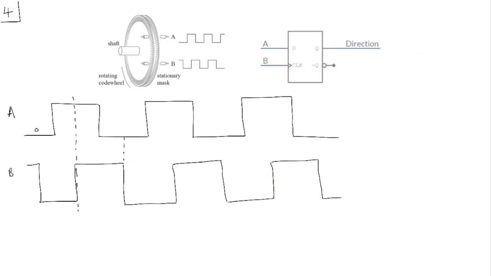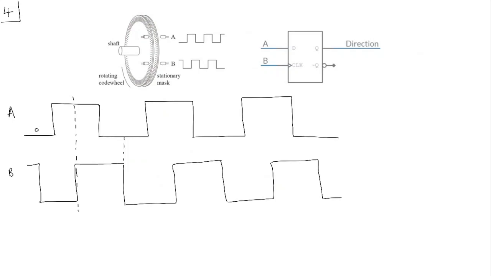So that's A and B, and the basic idea here is that there are two LEDs and two photodiodes. If the code wheel is rotating, at some point there are slots where the light passes through and touches the photodiode, so you receive the light.